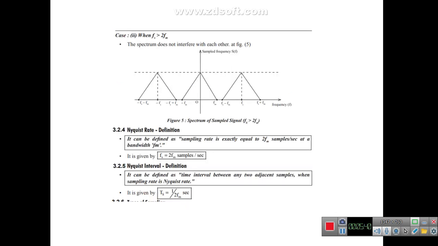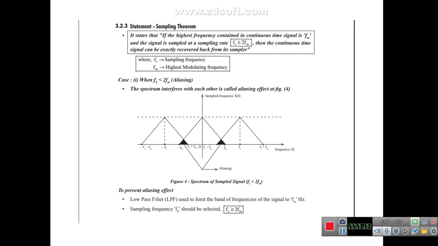It is defined as the sampling rate exactly equal to 2fm samples per second for a bandwidth fm, given by fs equal to 2fm samples per second. The Nyquist interval is defined as the time interval between any two adjacent samples when the sampling rate is the Nyquist rate. It is given by Ts equal to 1 by 2fm seconds. This is the Nyquist rate and the sampling theorem.